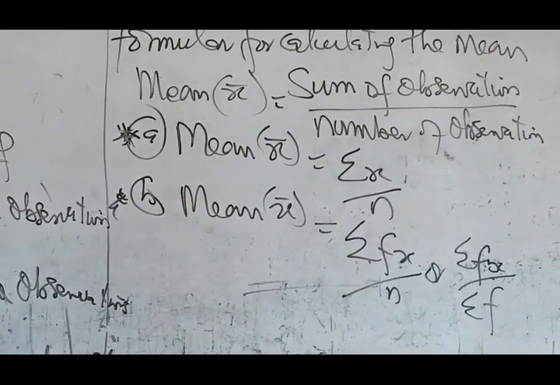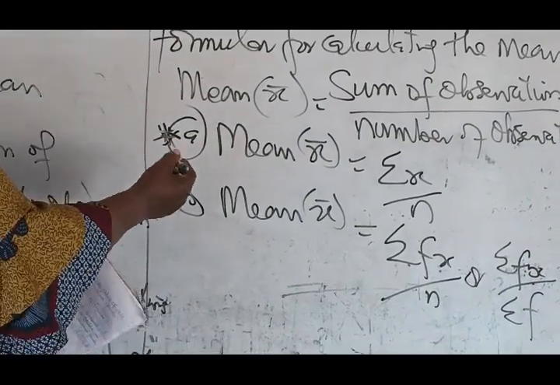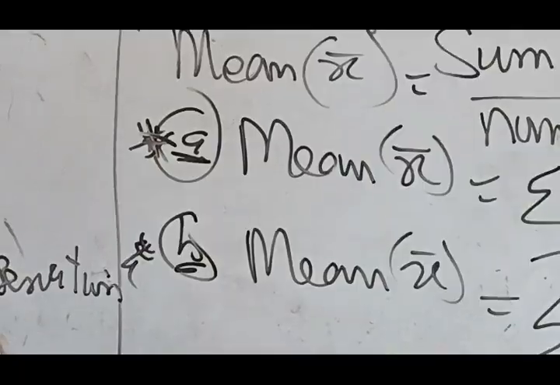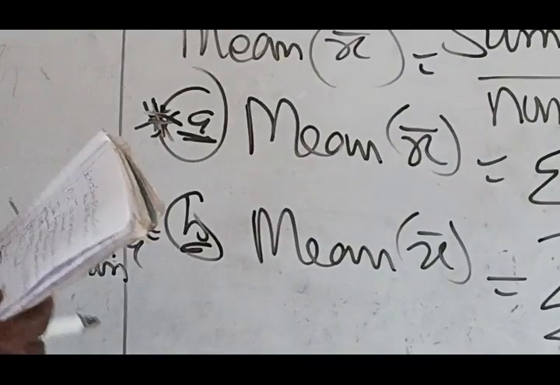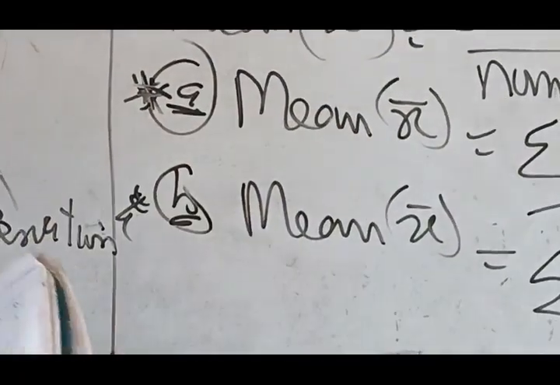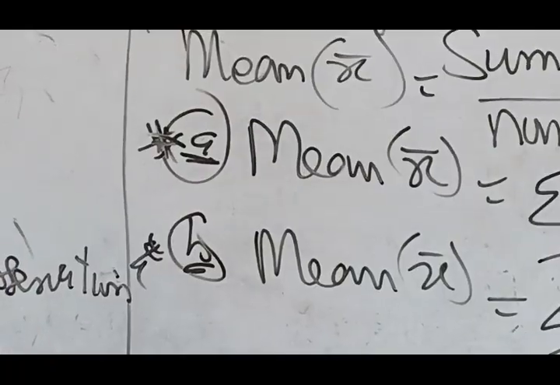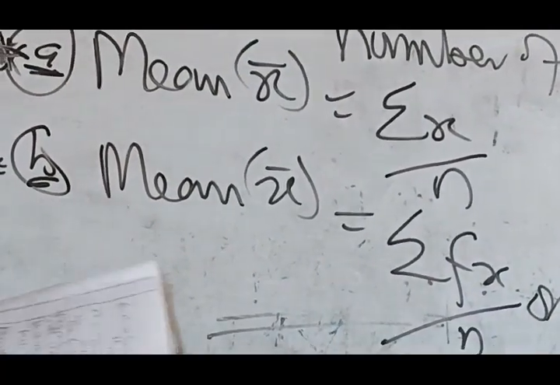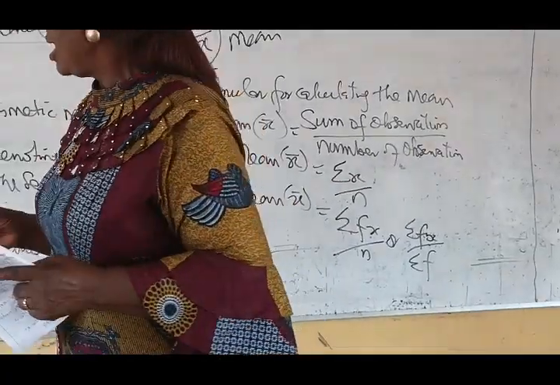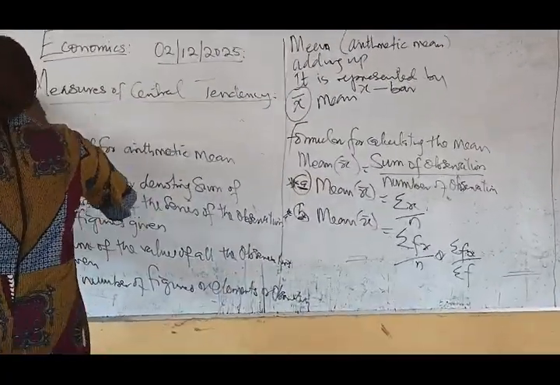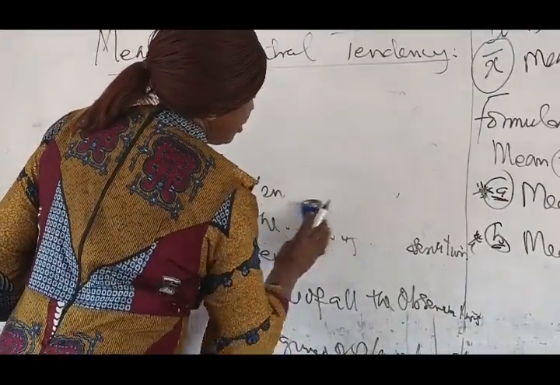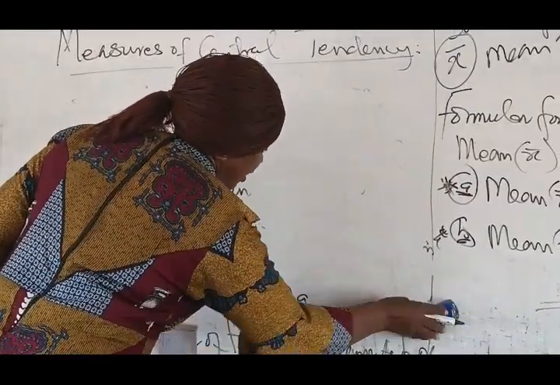From the question given, you should be able to know whether you are going to use the first one or the second one. So let us look at an example on how to calculate the mean of a set of observations.